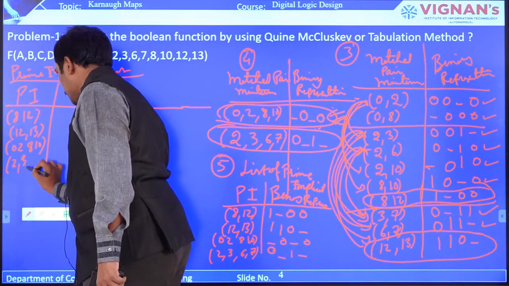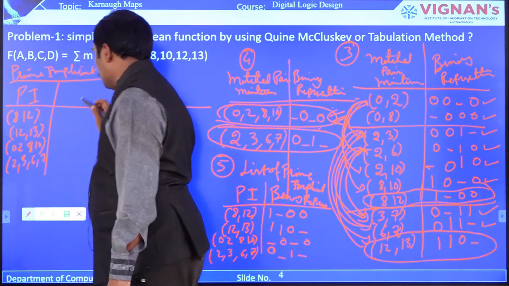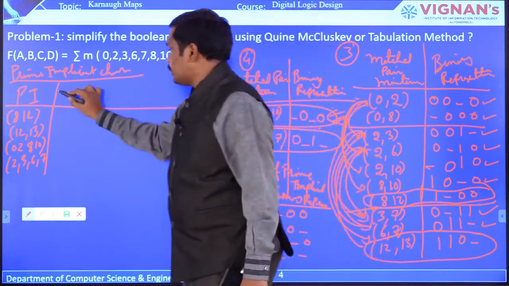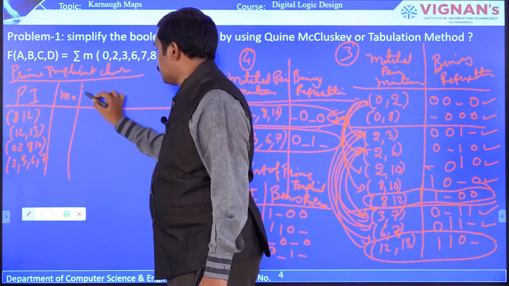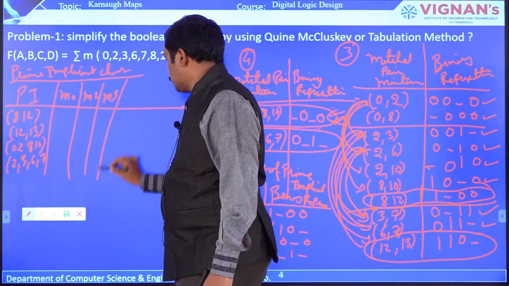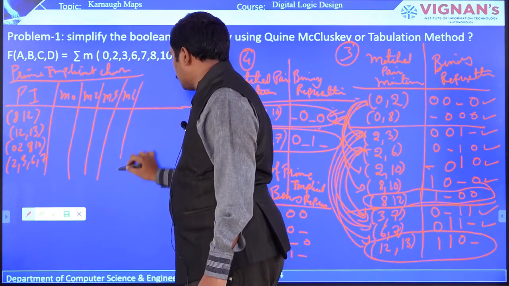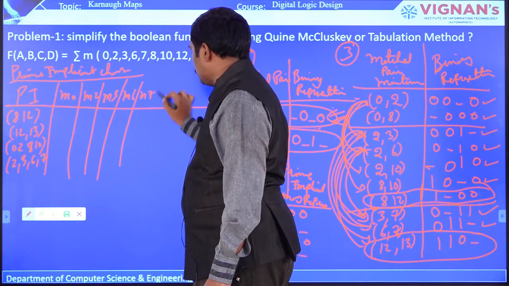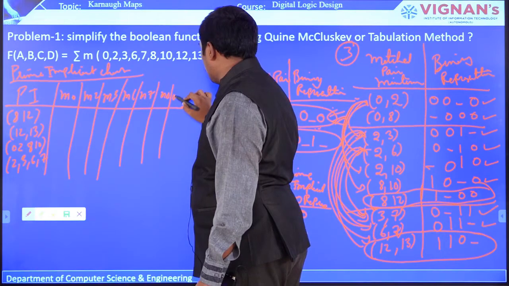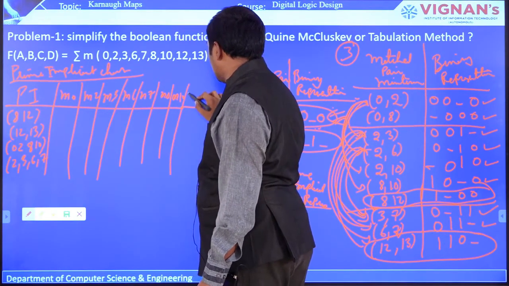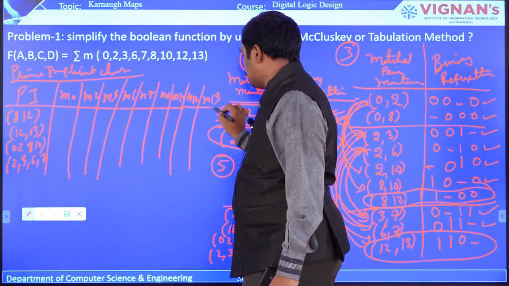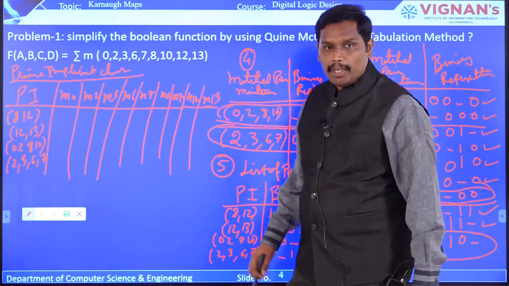You can see all the minterms that are there in the question: minterm 0, minterm 2, minterm 3, minterm 6, minterm 7, minterm 8, minterm 10, 12 and 13. So now you have constructed a prime implicant chart.